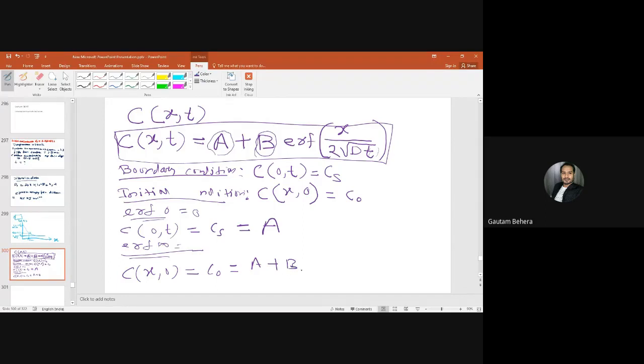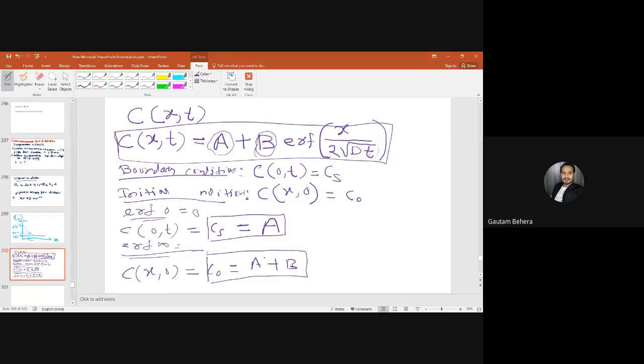Yes, sir. So now we got CS. This is important actually. CS is equal to A, C0 is equal to A plus B. CS is the surface concentration and C0 is the initial concentration of the steel, right?